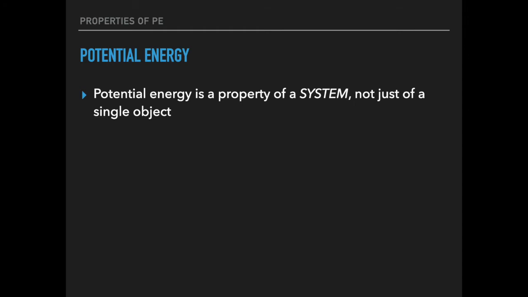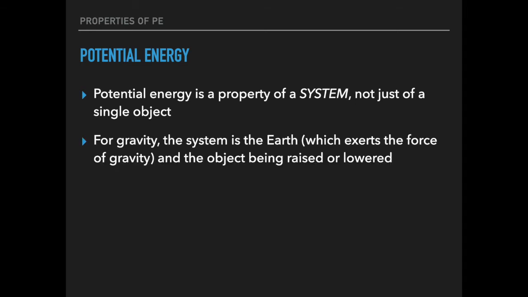So potential energy is a concept that applies to a system, not just a single object. In this case, when we're talking about gravity, the system is the Earth, which exerts the force of gravity, and the object that's being raised or lowered.